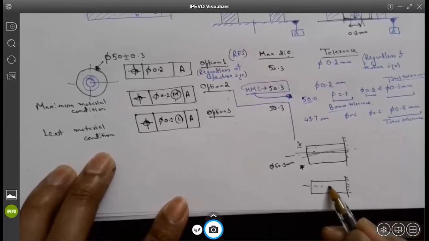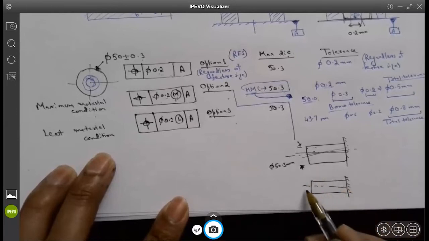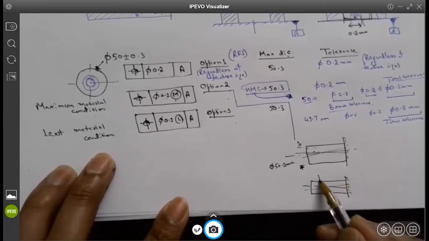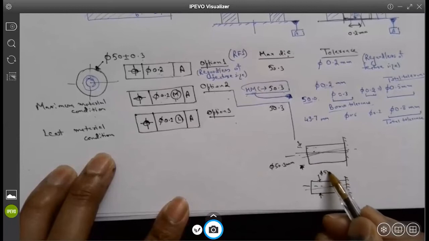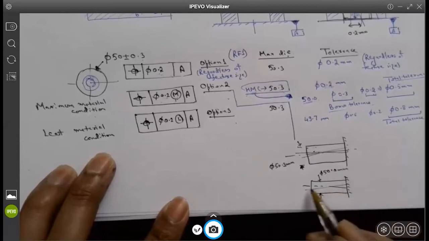The axis can be further away from the perpendicularity by a larger amount because my part is fabricated at less than MMC, let's say 50 millimeters. Then my axis can lie within a cylinder of 0.5 millimeters.